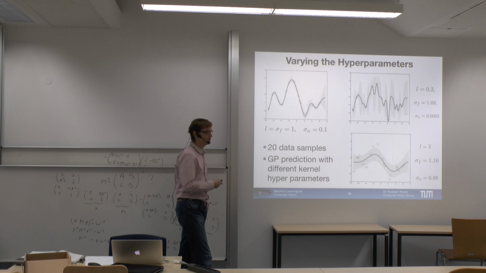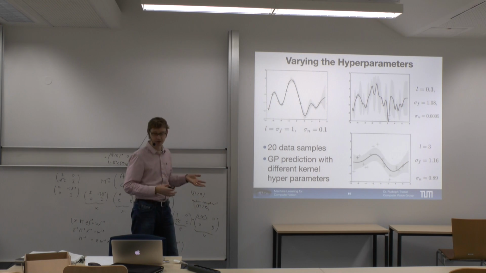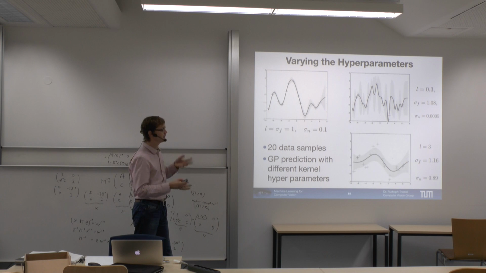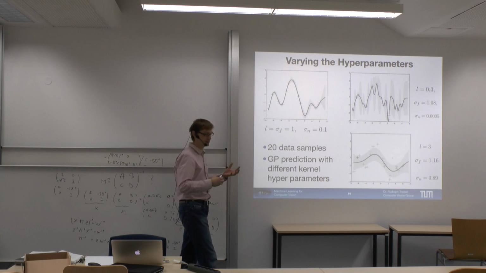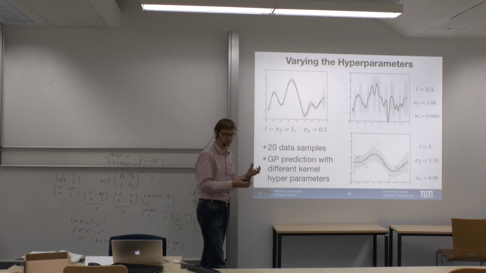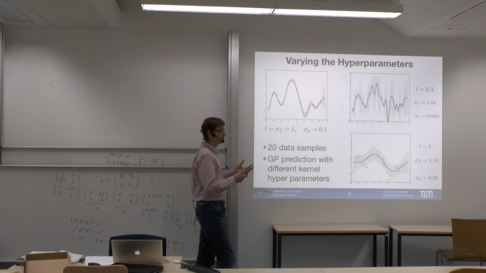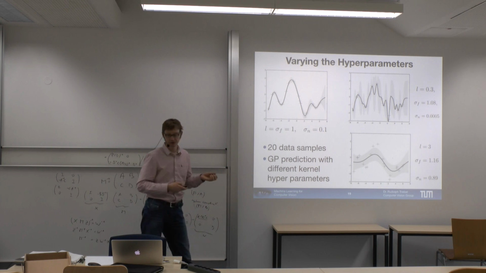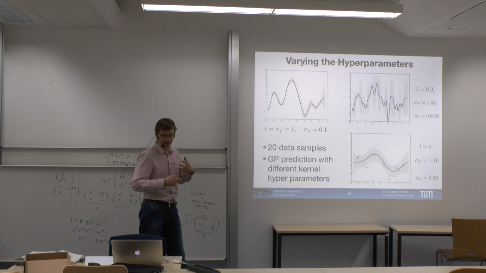You might think, well, we wanted to get rid of parameters. That's the whole reason why we do this. We don't have a parametric model, but of course we assume some kind of covariance function, some kind of measure to find similarities between data points, and this function has parameters.